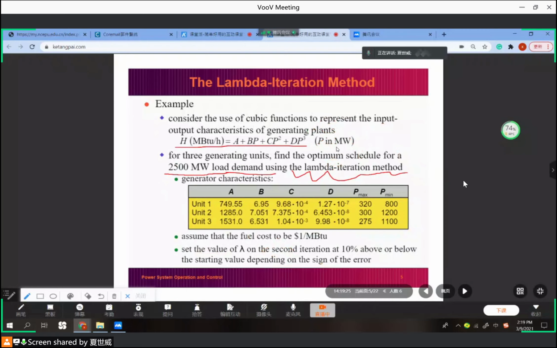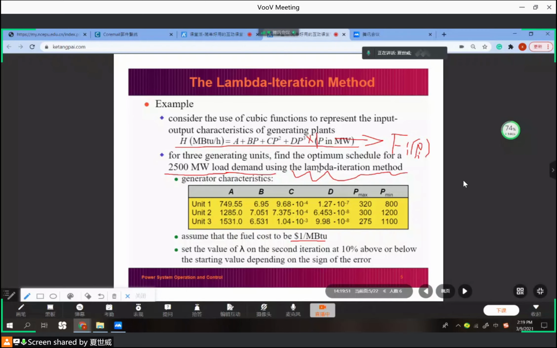This is the input-output curve for the heat. If you multiply this heat input-output curve by the fuel price, you will get the fuel cost input-output curve, that means Fi of Pi.